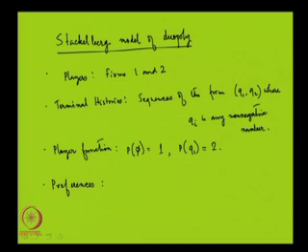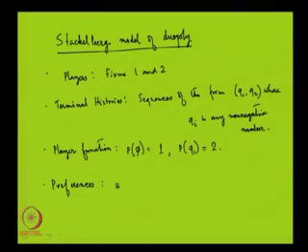Preferences. So what is the thing that the two players want to maximize? Obviously, they want to maximize their payoff functions, and the payoff functions are nothing but the profit functions. How do I write that?